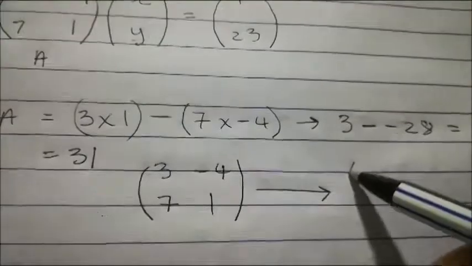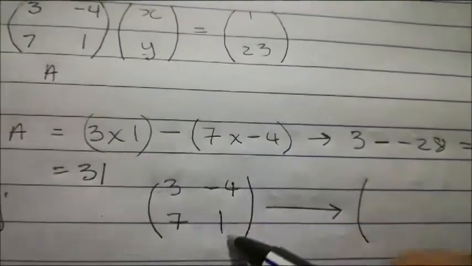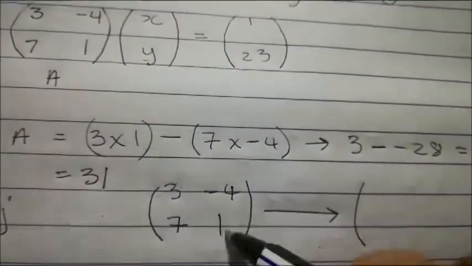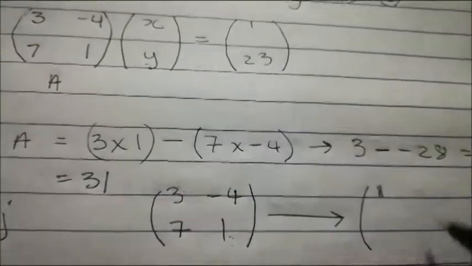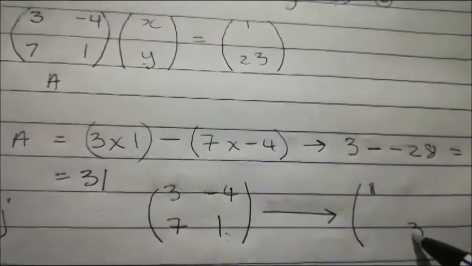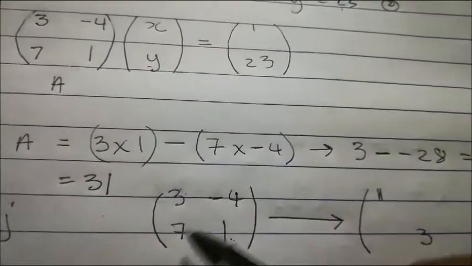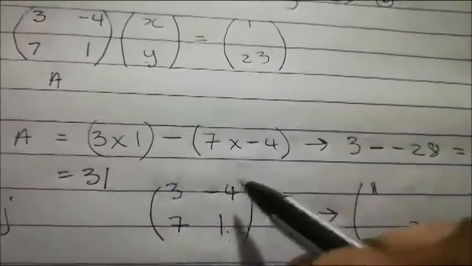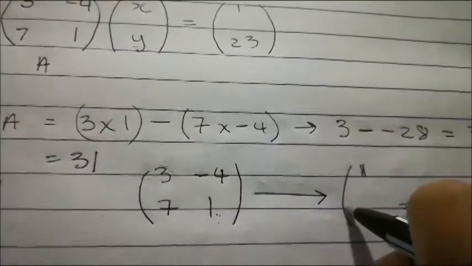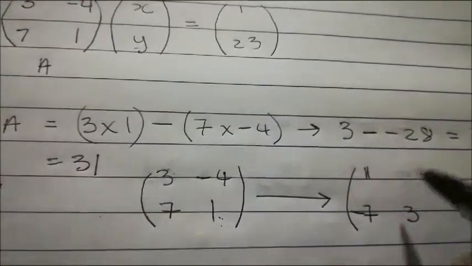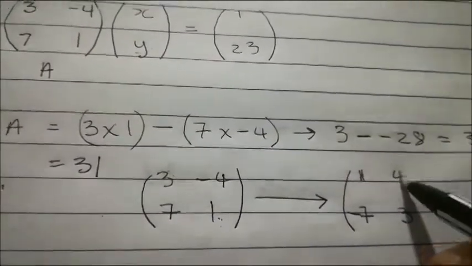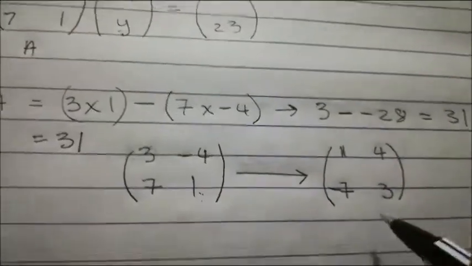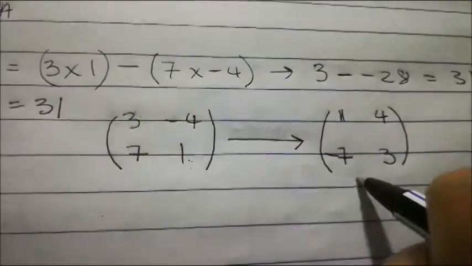So we're going to reverse the leading diagonal, we're going to reverse the positions. So we're going to put 1 up here and 3 down here. We're also going to reverse the signs. We won't reverse the numbers, we're just going to reverse the signs. So this is going to become minus 7, and this is going to become 4. So this is now the adjoint.